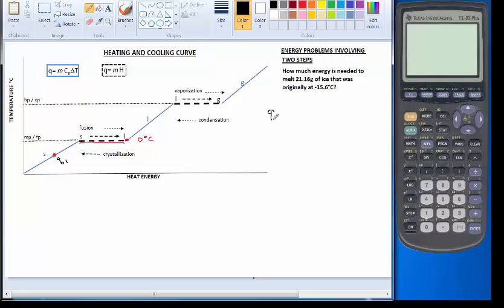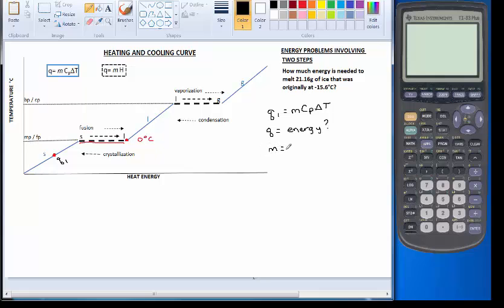And Q1, we said, was changing our temperature, so we're going to use the equation Q is equal to mCp delta T. So Q, or our heat energy, is what we are trying to find. So this is what we are going to be solving for in our equation.